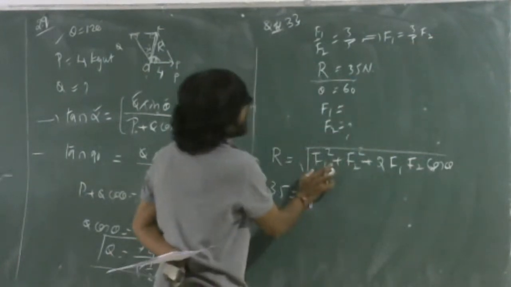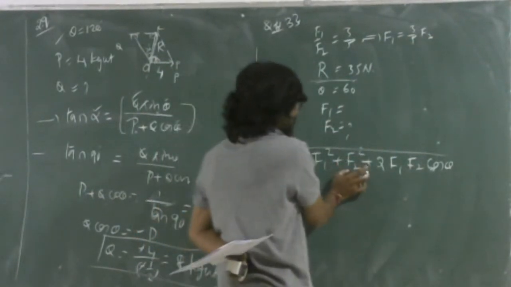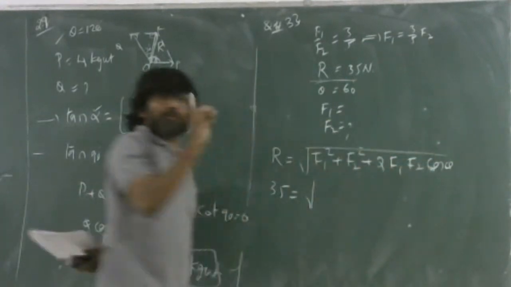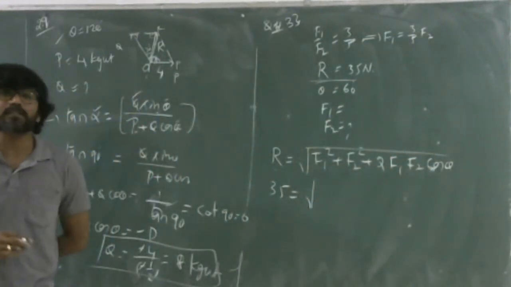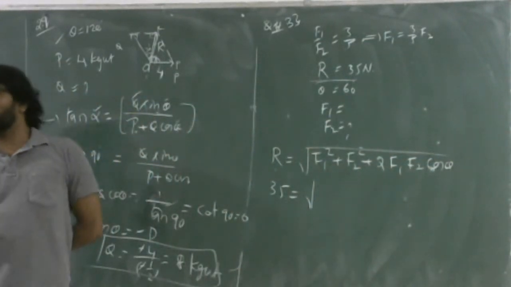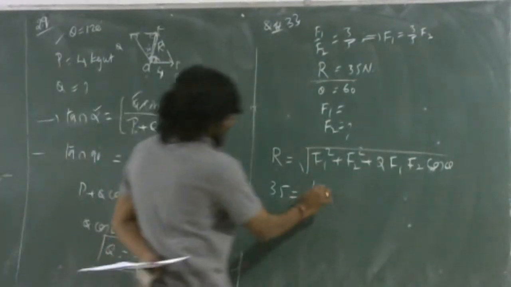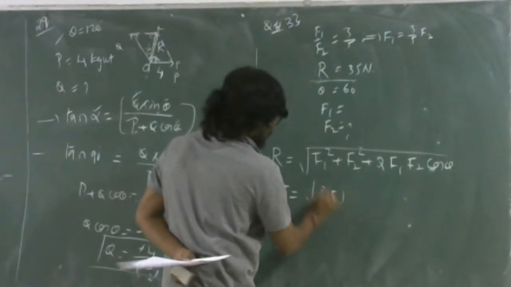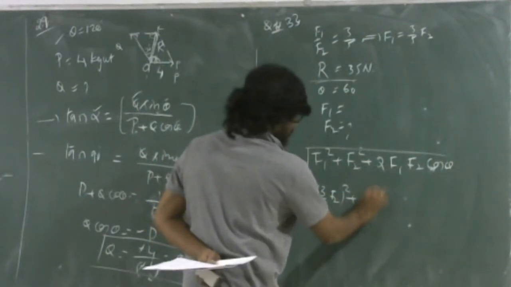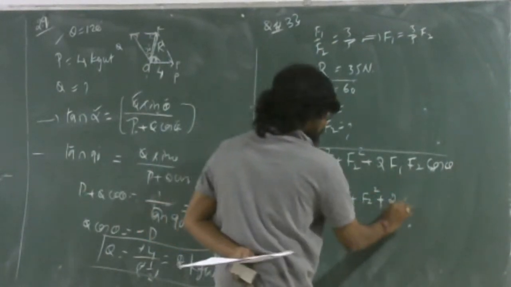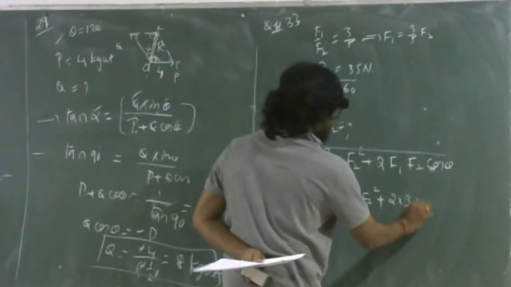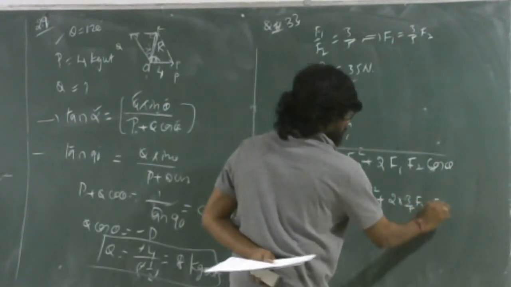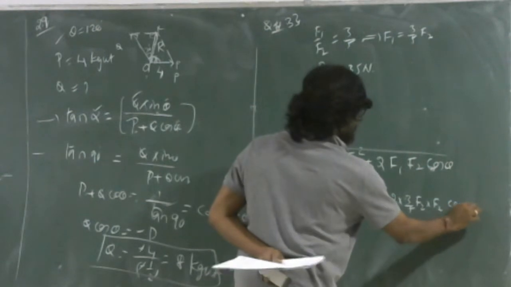Here only F2 will be unknown. Theta is given. That F2 you have to calculate. So how can you find? It is F1 is 3 by 5 F2 whole square plus F2 square plus 2 into 3 by 5 F2 into F2 into cos 60.